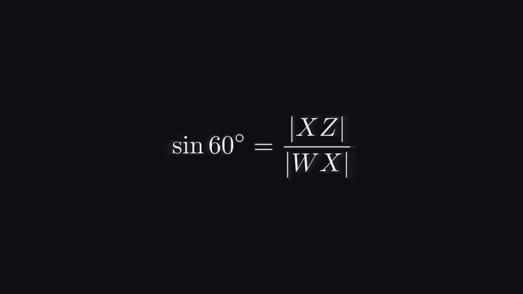Now substitute. Length of WX equals 15 kilometers. So the full height, length of XZ, is 12.99 kilometers, correct to 2 decimal places. Sin of 60 degrees equals length of XZ over length of WX.